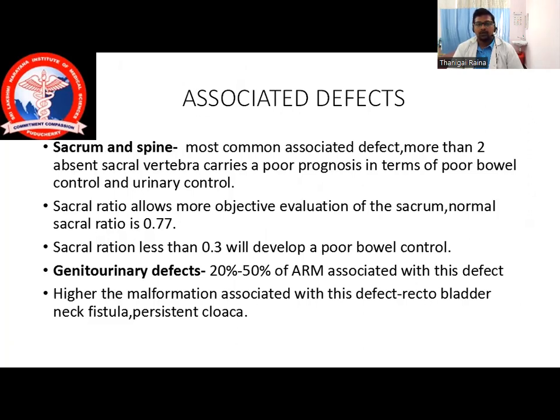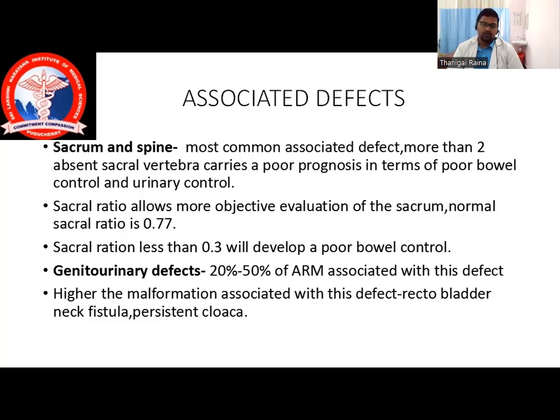Sacral ratio allows more objective evaluation of the sacrum. Normal sacral ratio is 0.77. So sacral ratio less than 0.3 will develop a poor bowel control. So this constitutes the bone, that is sacrum and spine defect.